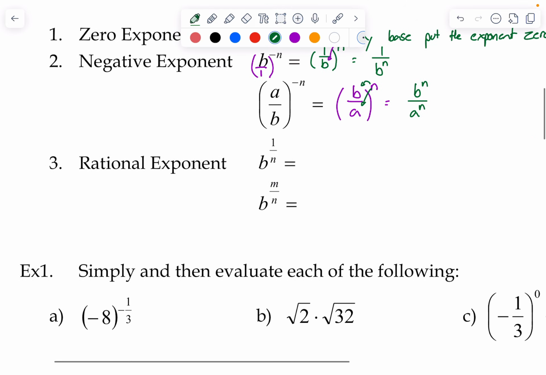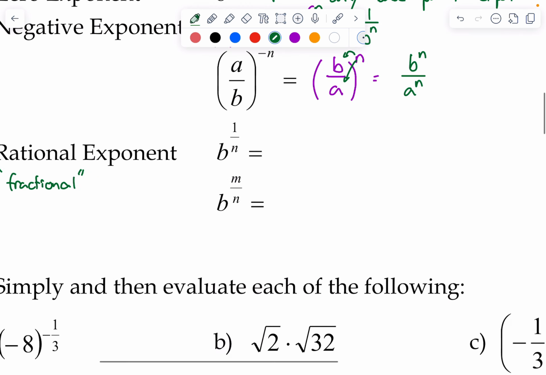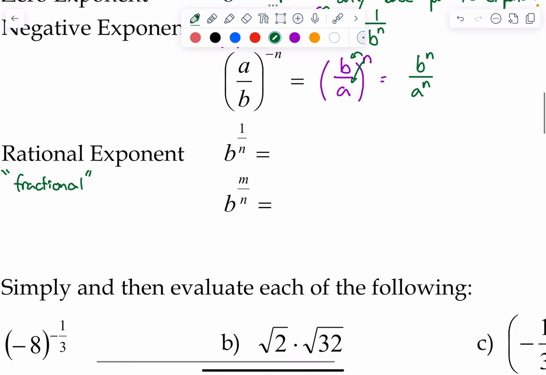Our third one, rational exponents. So rational, another way to think of it is like, again, well, unit 2 we did the rationals, but fraction. So what happens when you have a fractional exponent? So there's 2 examples. The first example, we don't really have a numerator. The numerator is 1. So if you see a numerator 1, the only thing we care about is the denominator.